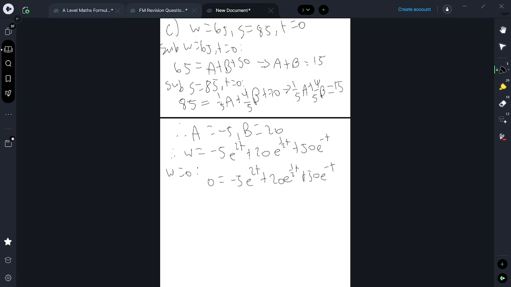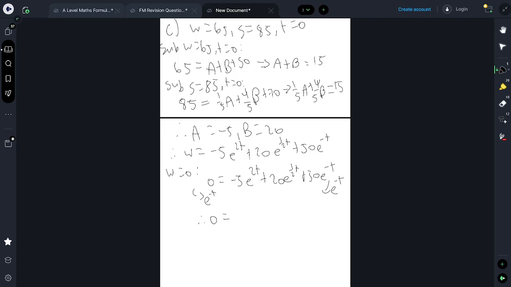Could you use them to solve various hyperbolic equations? Because obviously hyperbolics are in terms of exponentials, so you can apply it here. But usually the method is to times by an exponential power to make one of them a constant. And I think the best way is to get rid of this e to the minus t. So what I'm going to do is times both sides by e to the minus t and see what happens.